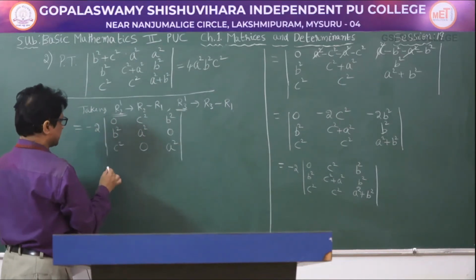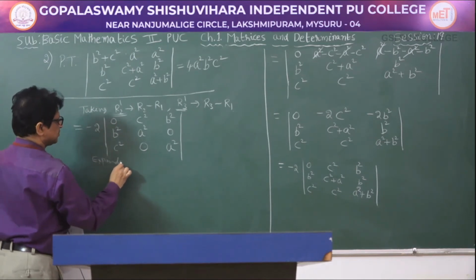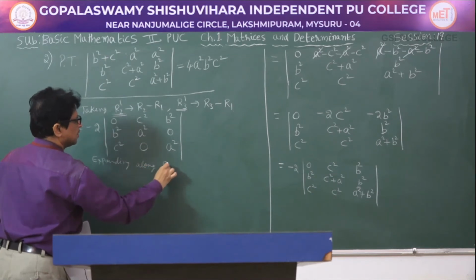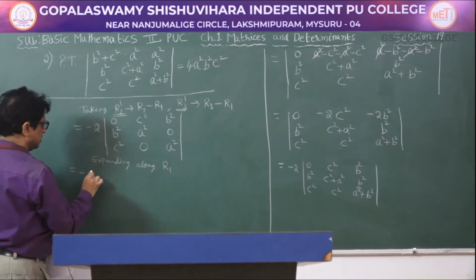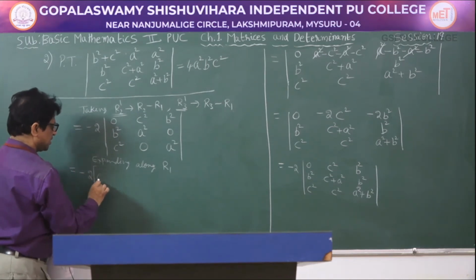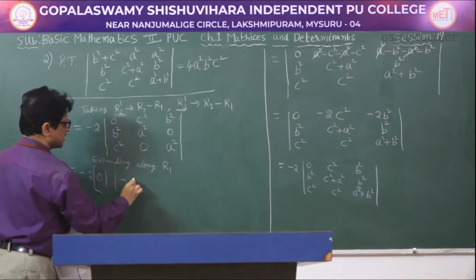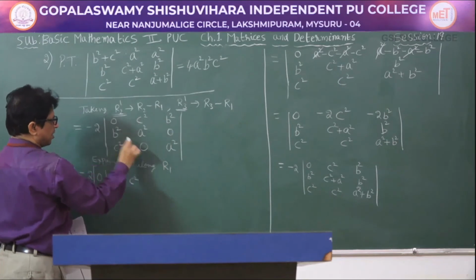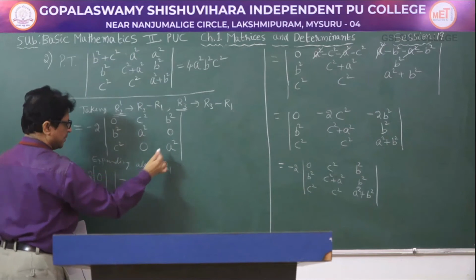Now we can expand along R1. So that will be equal to minus 2 into 0 into determinant of minus c square. So c square lies in the first row and second column. We eliminate the first row and second column and take the determinant of the remaining elements.